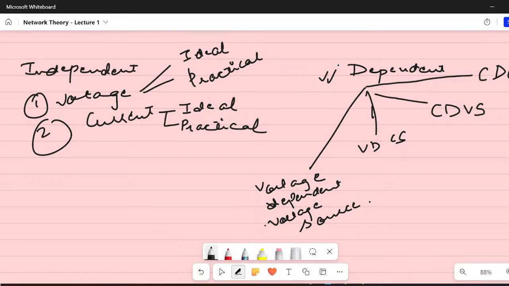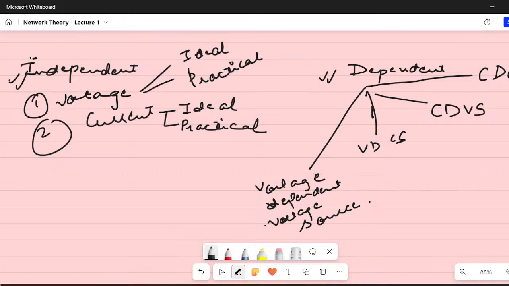Whenever we deal with such questions, you would get a better understanding of the different kinds of dependent sources. Majorly, from whatever I've seen in your NET and CSIR NET question papers, I see a higher frequency of questions on independent voltage and current sources, right?